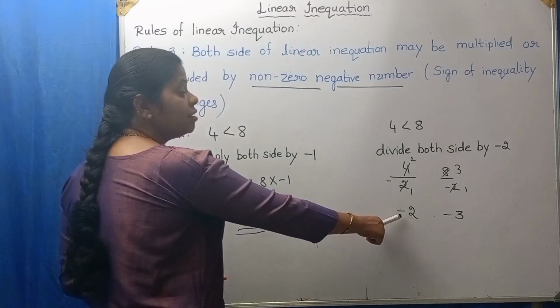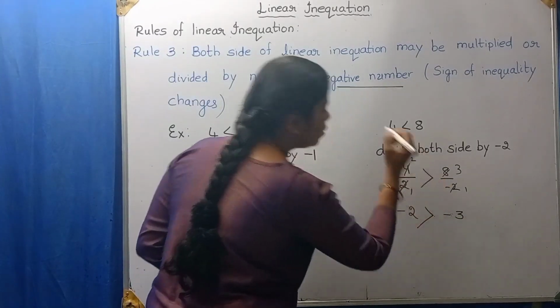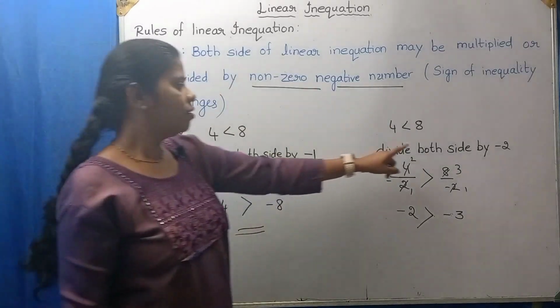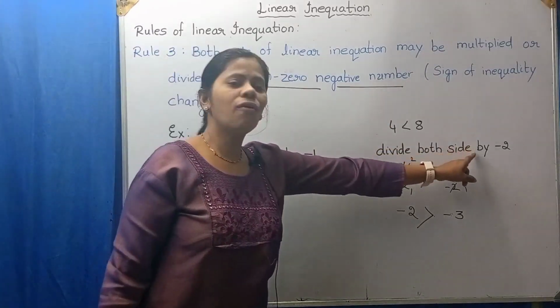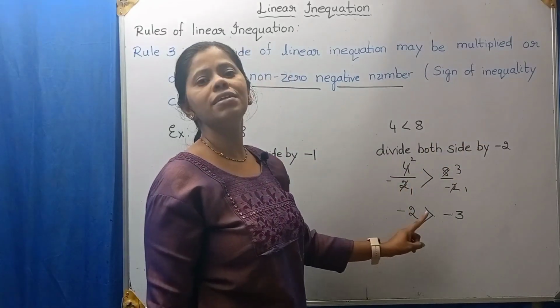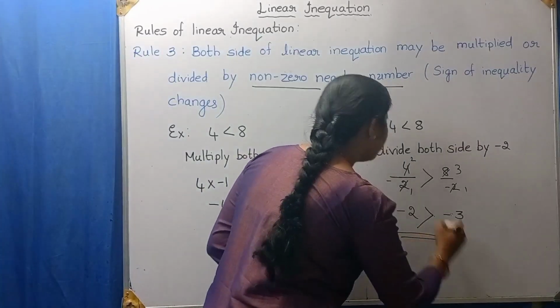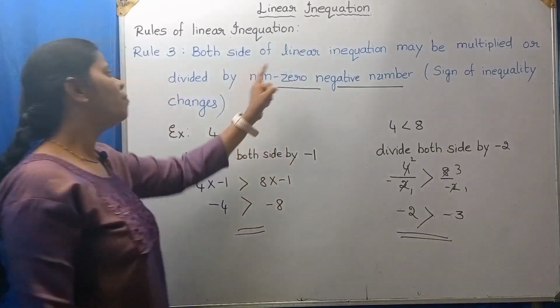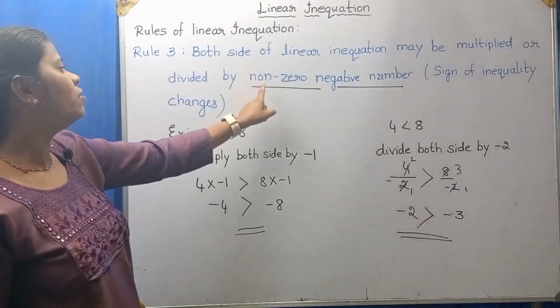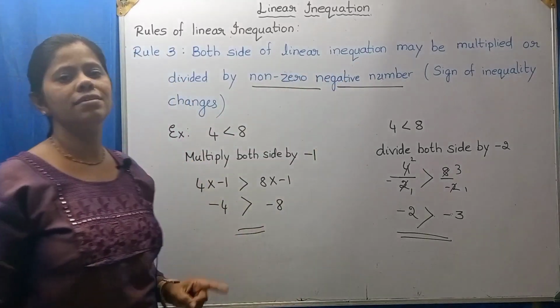We know that -2 is greater than -4... Isn't it? We are dividing it by a non-zero negative number. Then the sign of inequality changes. This is very important. Okay. When you multiply or divide by a non-zero negative number, the sign of inequality changes.